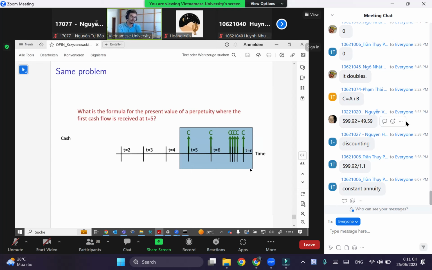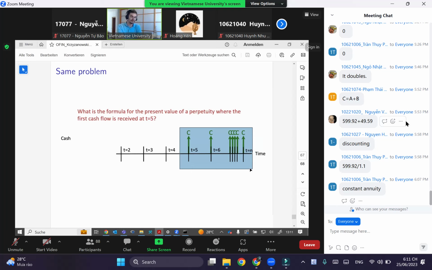This is again a constant annuity. A constant perpetuity? Well, it is not, because you see we have a finite payment at t equal n. I read in the chat that this is a constant perpetuity, but you see the last payment here is finite.